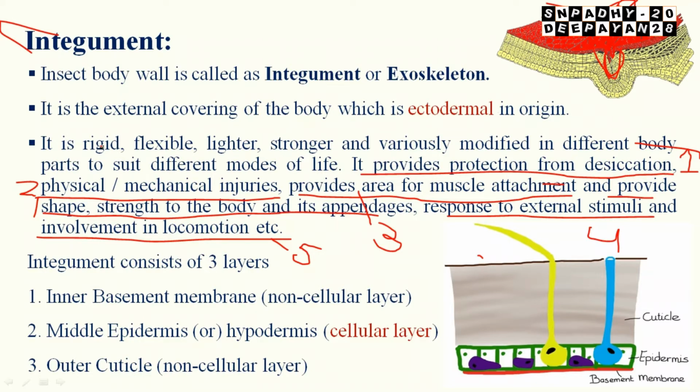So these are the points: provides protection from desiccation or water loss, protection from physical and mechanical injuries, area for muscle attachment, shape and strength to the body and appendages, response to external stimuli, and involvement in locomotion. So five broad functions are there in the case of integuments.